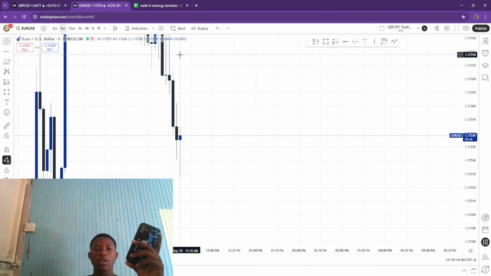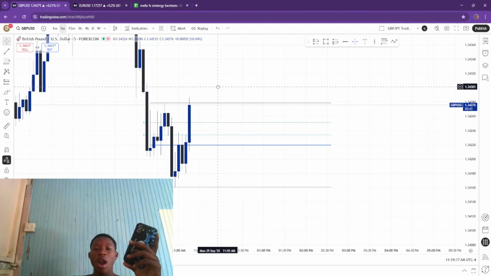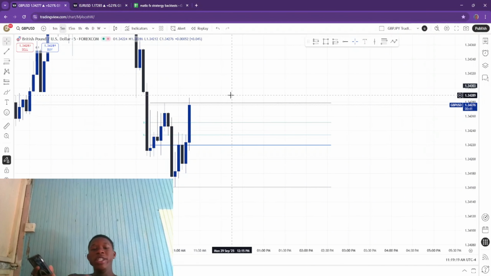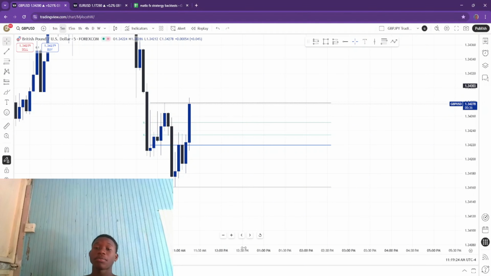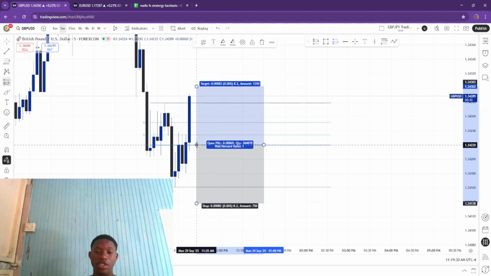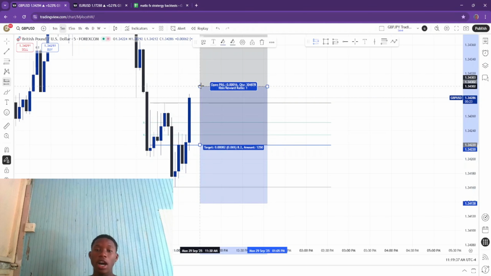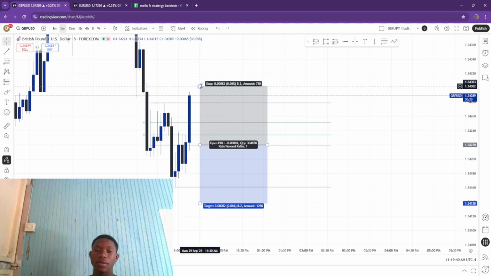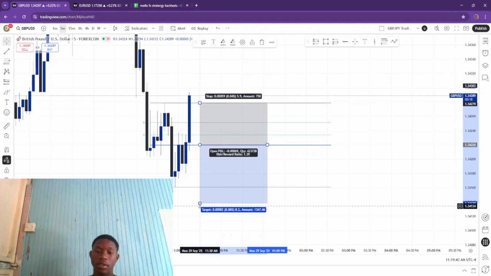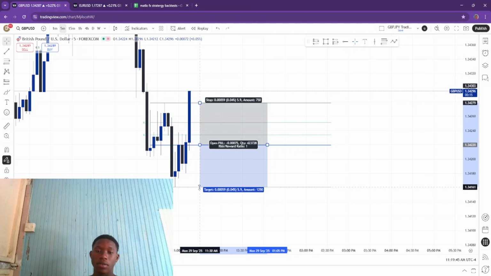GBP USD going up also. You see why we didn't take that trade? That trade was a no trade. One unfilled FVG, not a good trade at all. Would have got stopped out a long time ago.